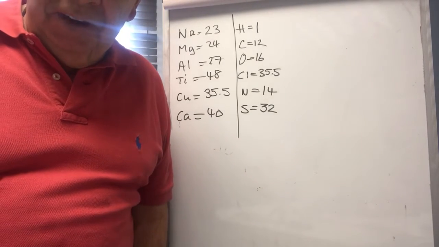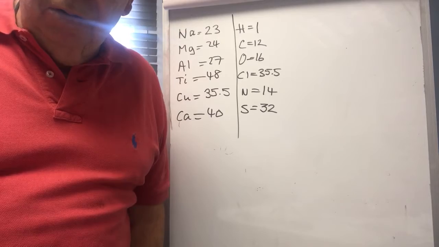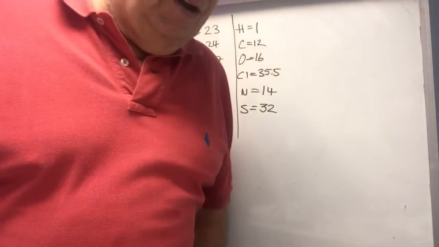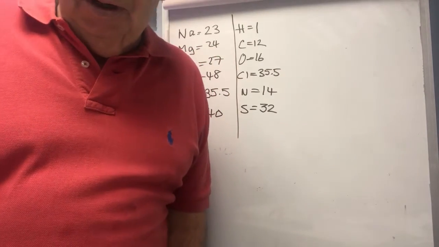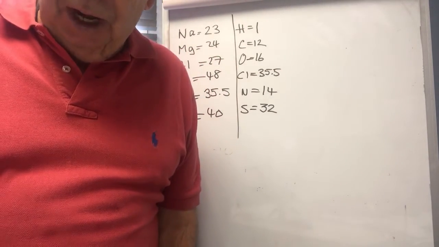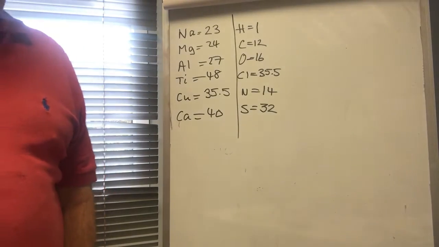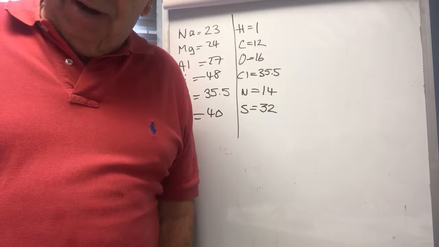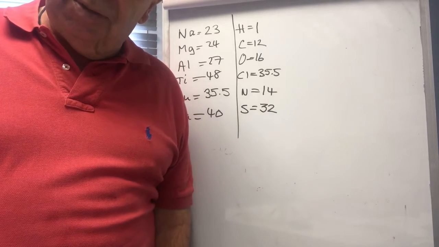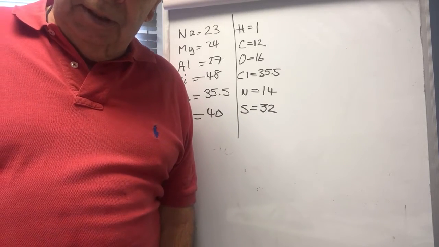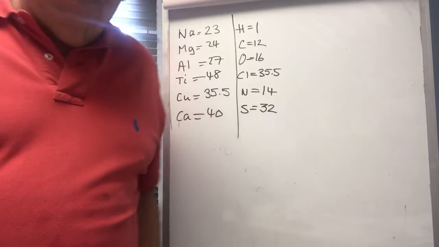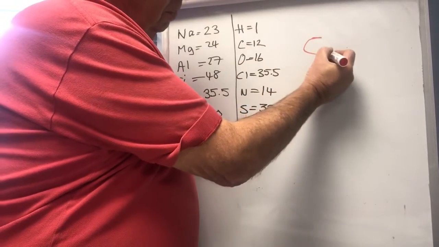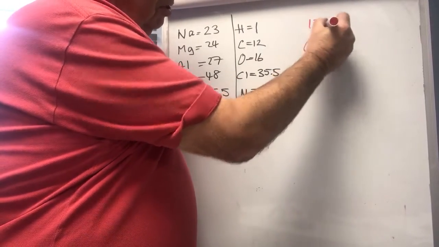Hi there, in this video clip I want to go through slowly, step by step, how to calculate the relative formula mass of a compound. I spoke earlier in a video clip about the arrangements of the atoms in the periodic table, and if I took a simple example, let's say carbon, 6, 12.